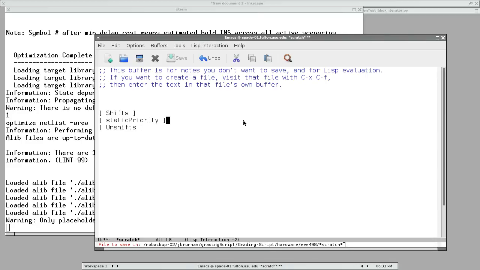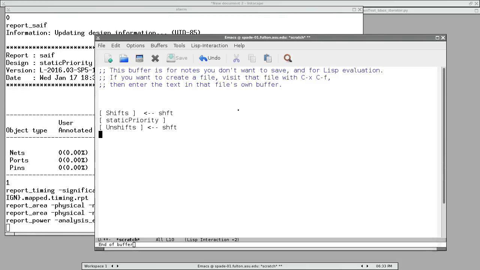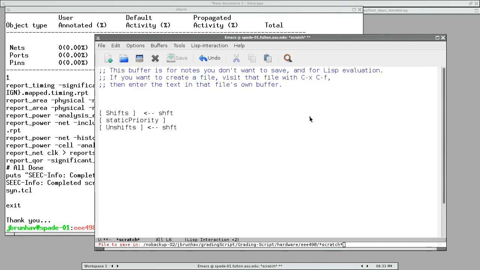One thing that we haven't talked about is we need a shift amount. We need to figure out how exactly we want to do that shift.